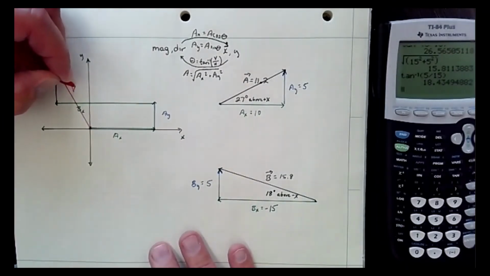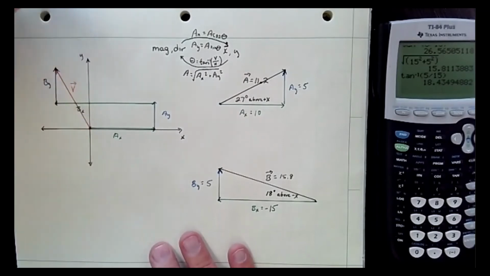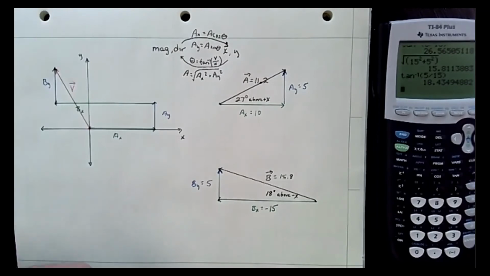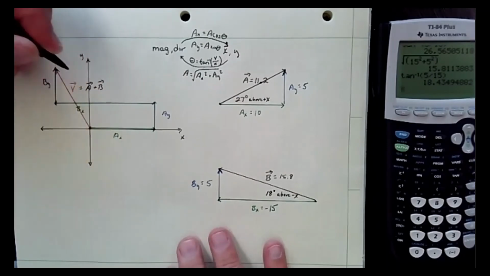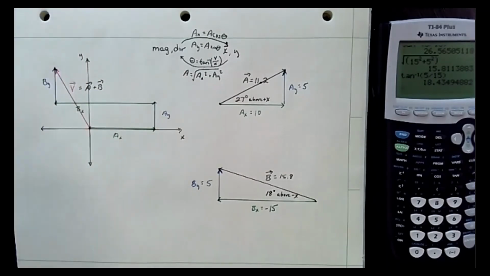Let's just call it v for vector, I don't know. And that's equal to the vector A plus B. Right, so when we see letters with these arrows toward the top, we know that they're important.